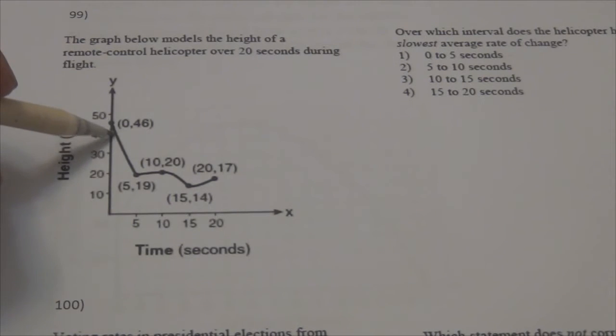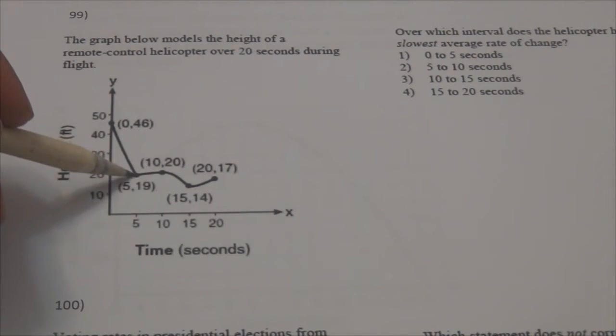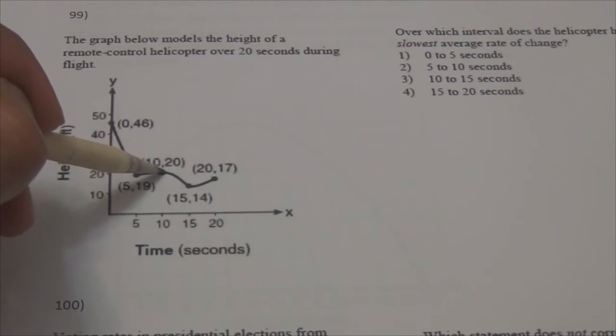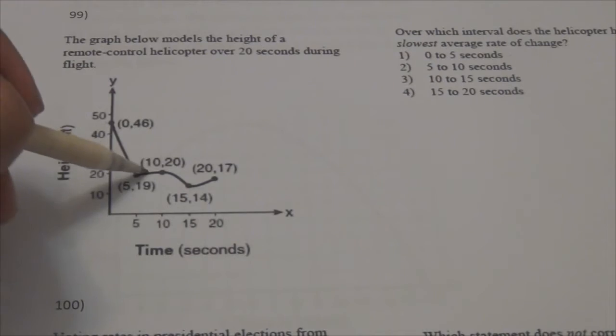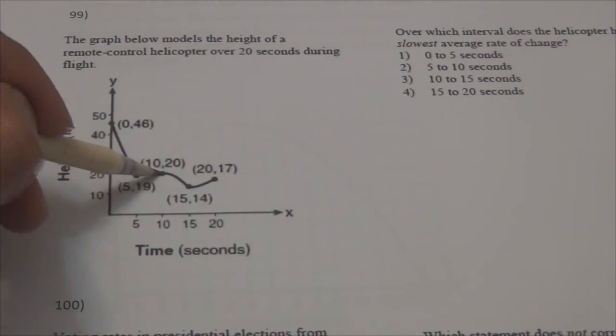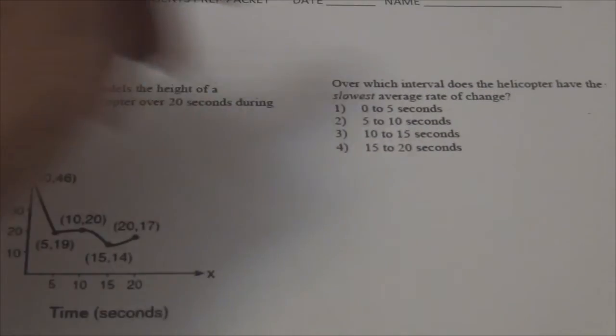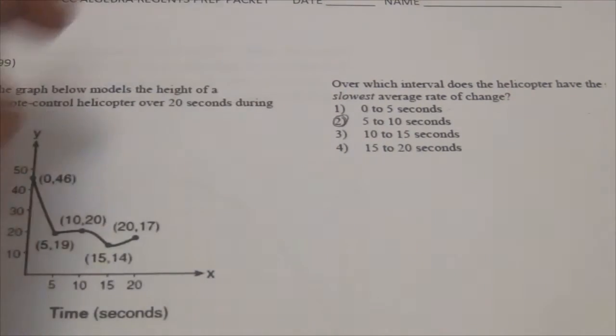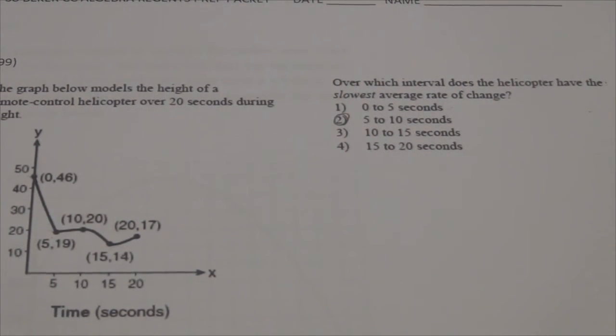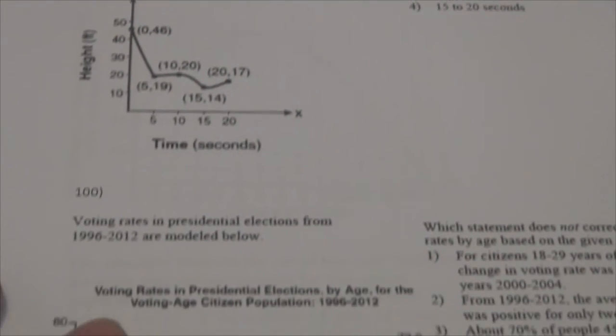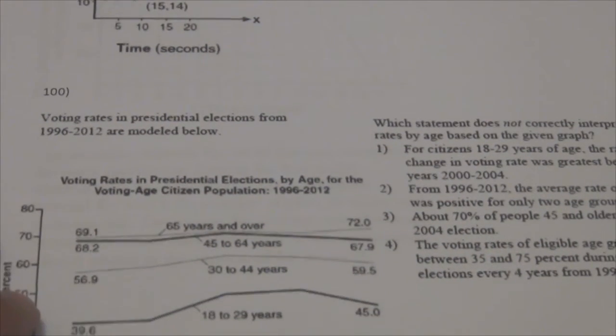Look at this. The average rate of change might be negative, but hey, it's very high. Here, I think is higher than here. And here, I think is higher than here. So from 5 to 10. So my answer is choice number 2. I hope you understood that. I didn't have to. You could have calculated, definitely. Yes, of course.